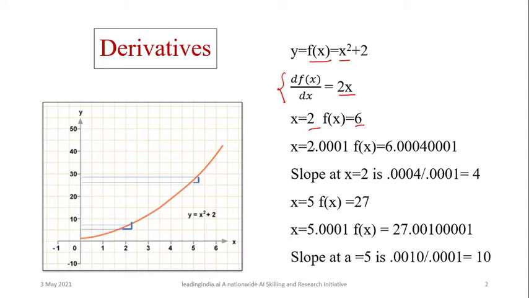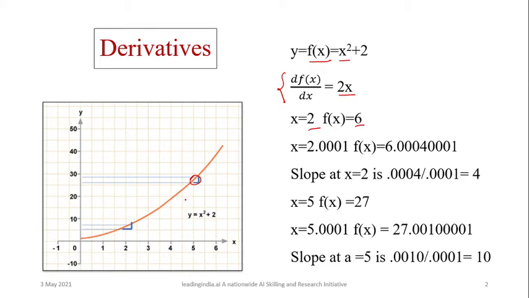Now if your value of x is increased by 0.1, then how much impact it will have on the function of x, that change in the function will be derived from the derivative, and that is known as the slope. So this derivative finds the slope, whether it is positive or negative.